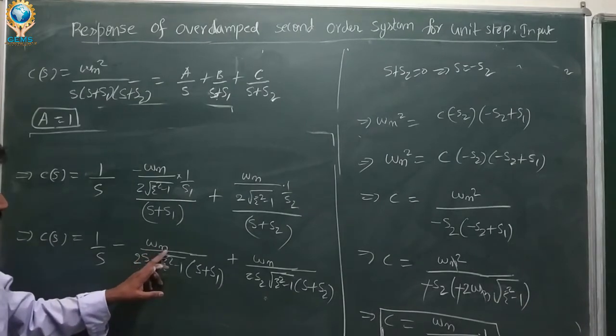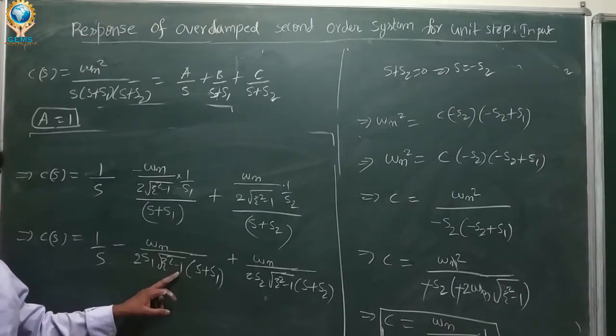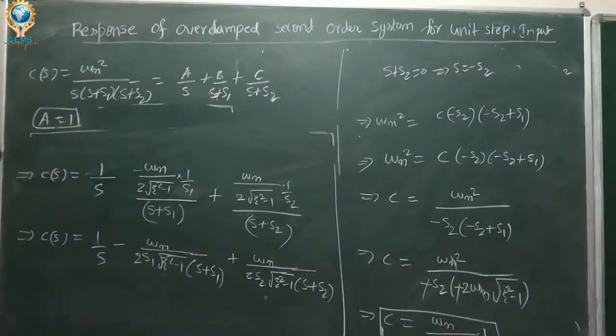The common is omega n by 2 root zeta square minus 1, so we just take it outside.